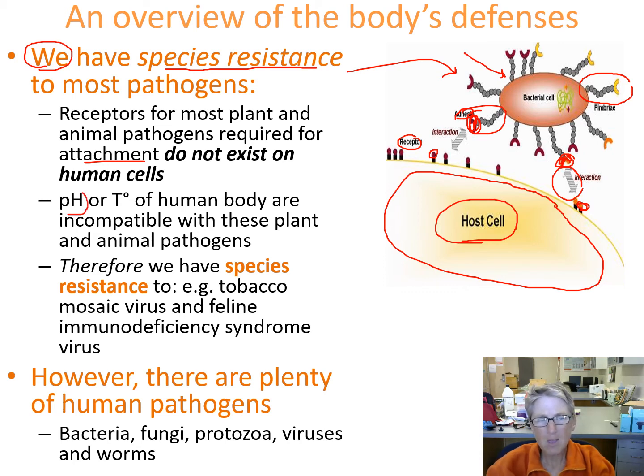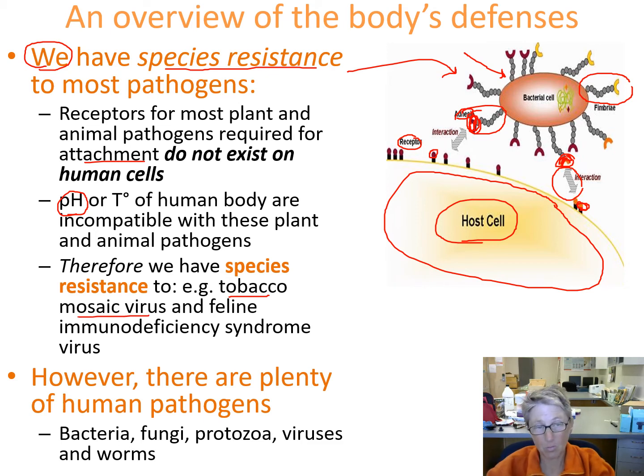The pH or the temperature of our body, a lot of plant and animal pathogens don't like. They're incompatible, so they don't infect us. So therefore, we have this thing called species resistance. So for example, we have species resistance to tobacco mosaic virus. So it's a virus, but it doesn't recognize our cells.